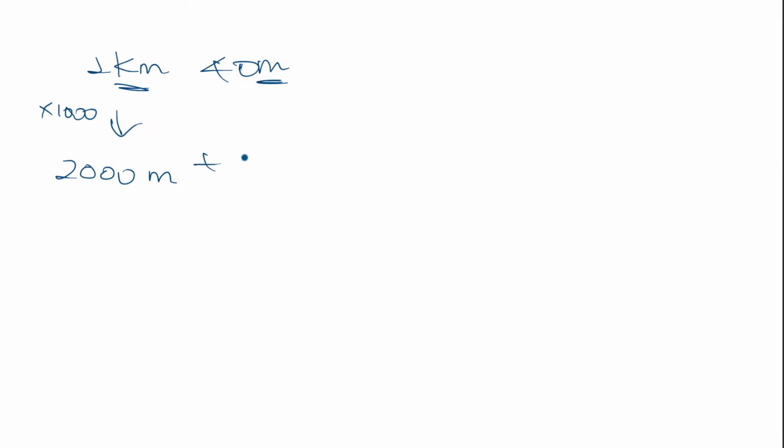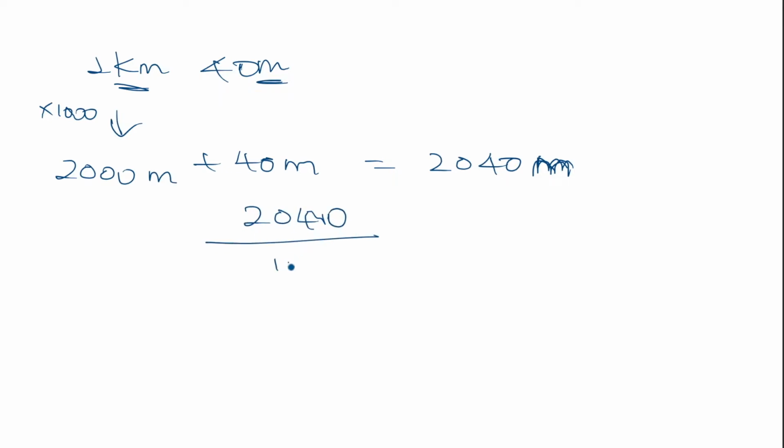I'll add 40 meter. So you have 2040 meter. The answer wants you to express it in kilometer, so you just do 2040 divided by 1000. It will give you kilometer.